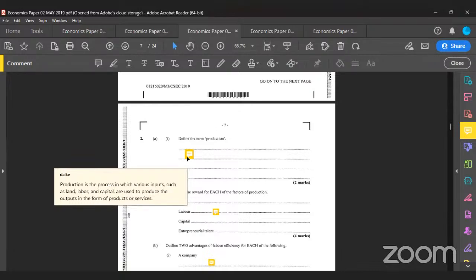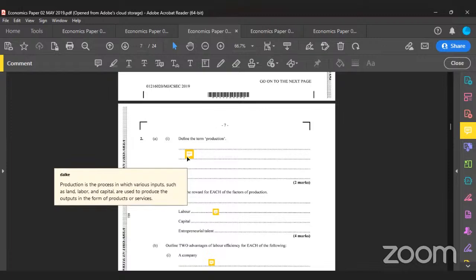So production is a process in which various inputs, such as land, labor, and capital, are used to produce outputs in the form of goods and services. So that should more than attain the 2 marks, especially once you put keywords like input and output.